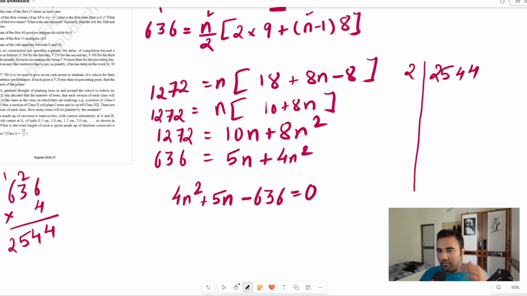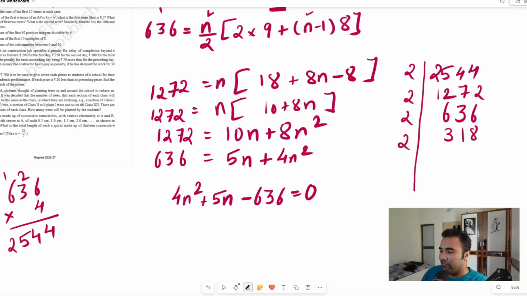This is the benefit of this video, that I am going to actually solve and find answers to all the questions, not simply take shortcuts. 12 twos are 24, 2 sevens are 14, 2 twos are 4. Working through the factors of 2544: 2 times 6 is 12, 2 threes are 6, 2 ones are 2, 2 eights are 16, 15 twos are 30, 9 twos are 18, 3 fives are 15, 3 threes are 9, 53.